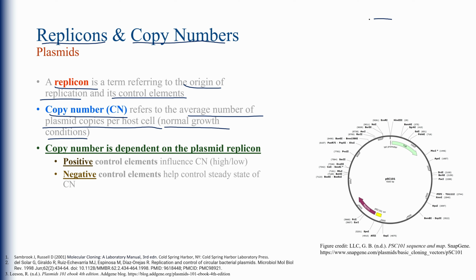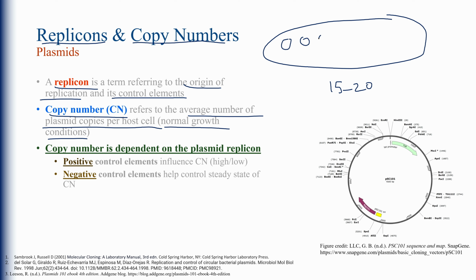So for example, if you have a particular host cell here and say its copy number is from 15 to 20, then we understand that on average within those host organisms that you have, say in a petri dish, you'll have 15 to 20 plasmids on average within each host organism. I will not draw the full number of plasmids, but that's the basic idea of the copy number. So it is a replicon that controls the copy number of a given plasmid.